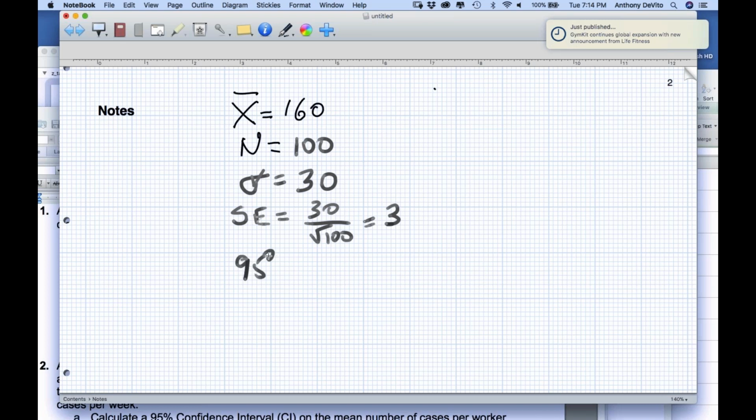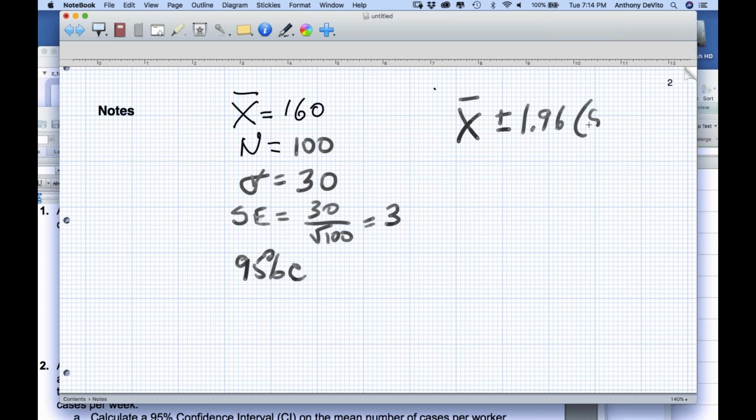Right, 95%. It's going to be my point estimate, x bar, plus or minus, for 95%, 1.96 times my standard error. So that's going to be 160 plus or minus 1.96 times 3.